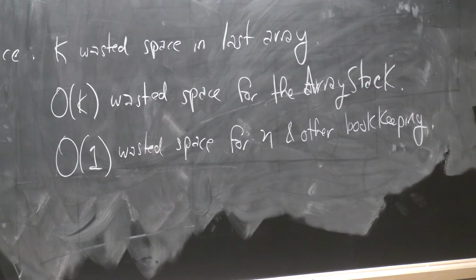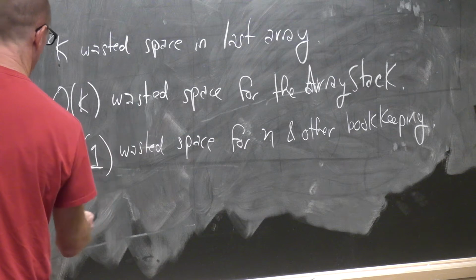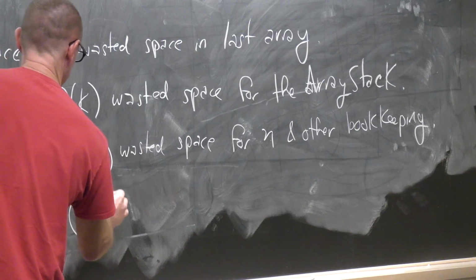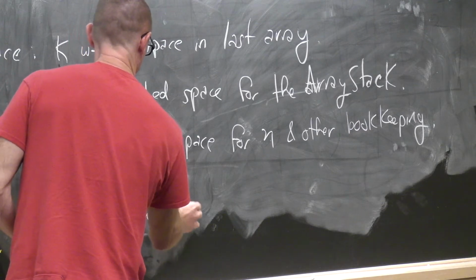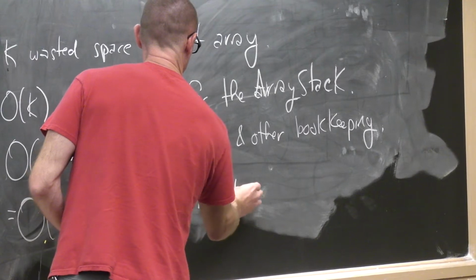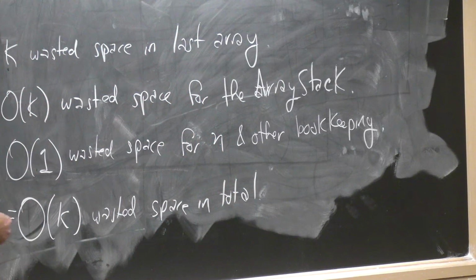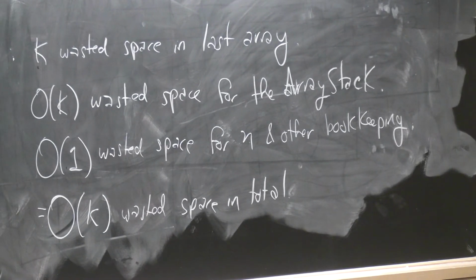So in total this is k plus 1. This is, in total, only O of k wasted space. But if we write that in terms of n, well, n is k squared.